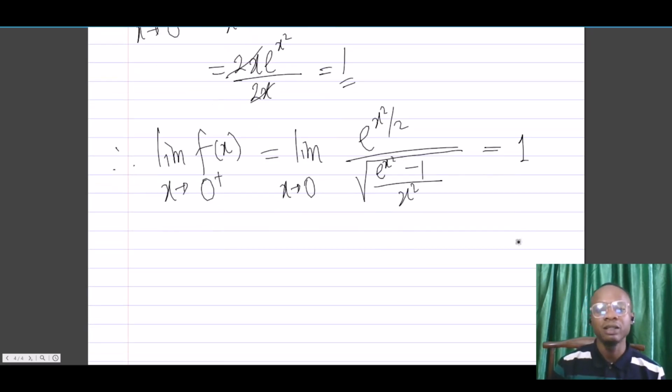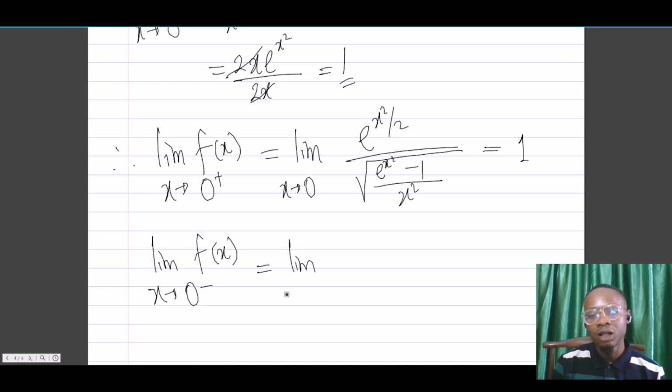And if we examine the limit from below, this will give us the limit of f of x as x approaches 0 from below to be equal to the limit as x approaches 0 of minus e to the power x squared over 2 divided by the root of e to the power x squared minus 1 over x squared.